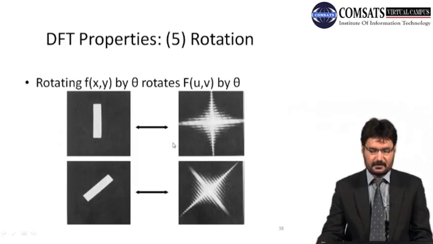And this is another translation type, if it is horizontal or at a 45-degree angle. So rotation of f(x,y) by theta rotates F(u,v) by theta.